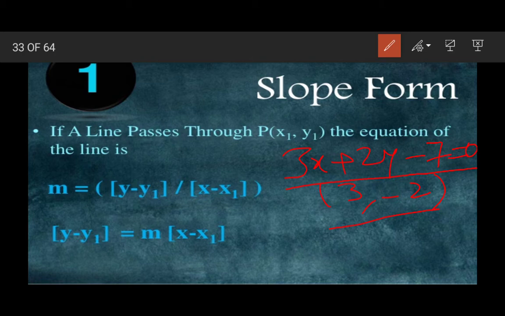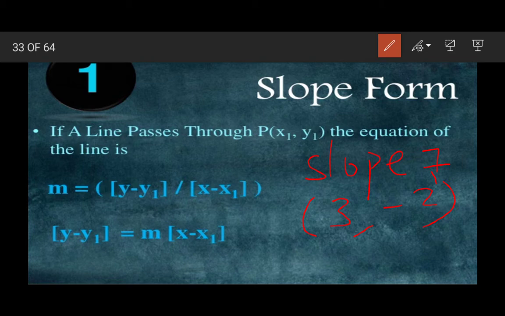Since the equation of a line is already given, we can't use this example. Suppose the question is: find the equation of a line having slope 7 and passing through the point 3 comma minus 2.